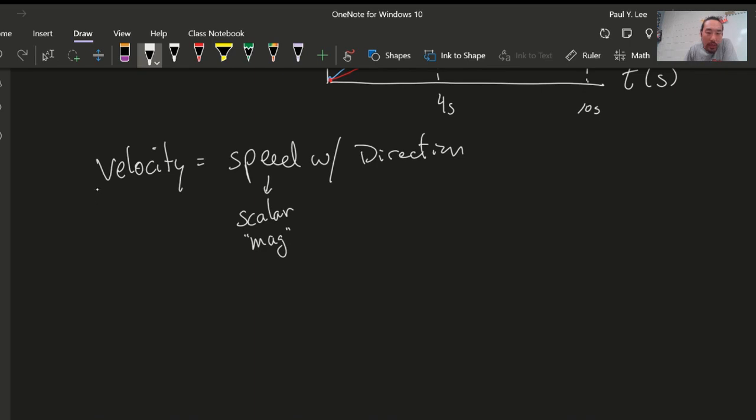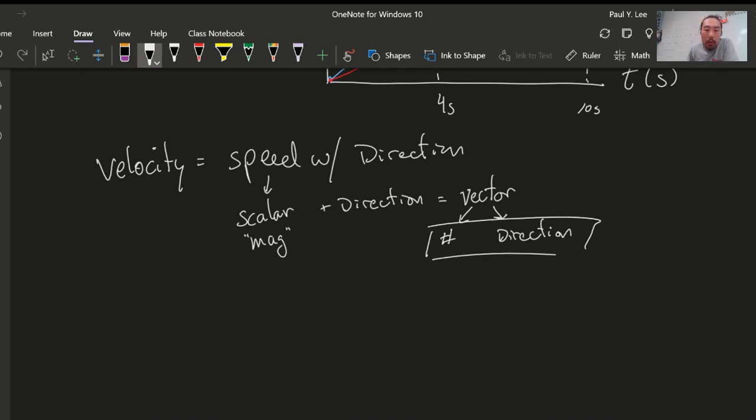And direction is just direction. So scalar plus direction, in the world of math and physics, we call this a vector. Okay, so a vector comprises two things. A vector has the number, and it has a direction. That's what makes it a vector. It has to have these two requirements, the number itself and the direction.